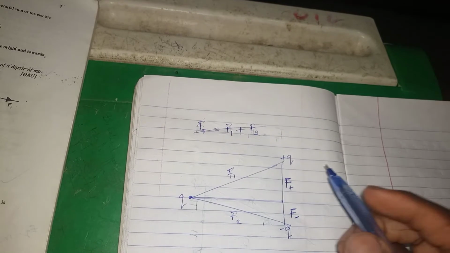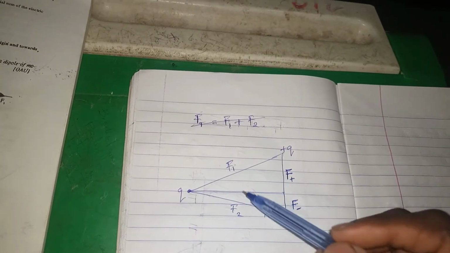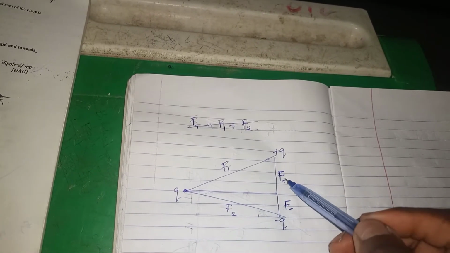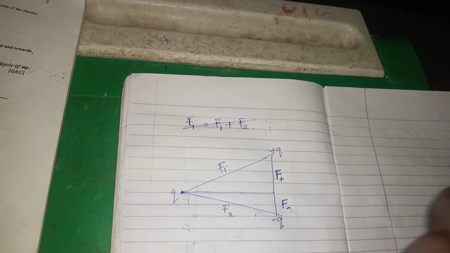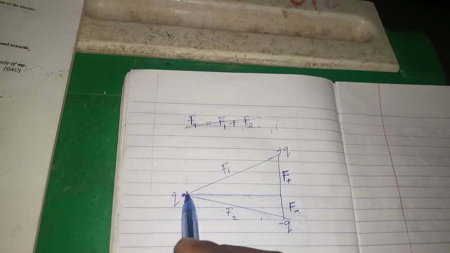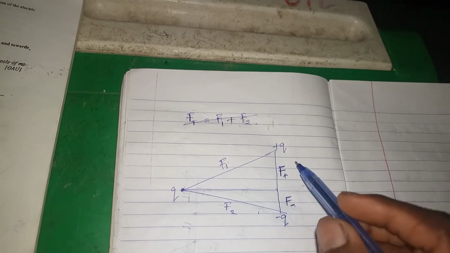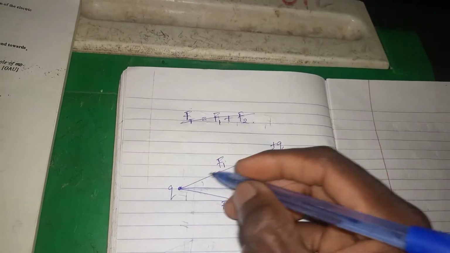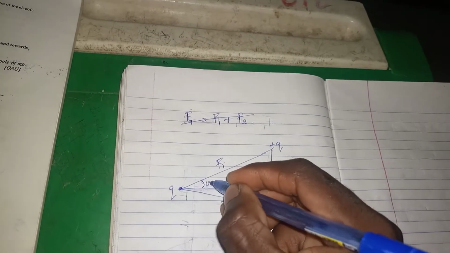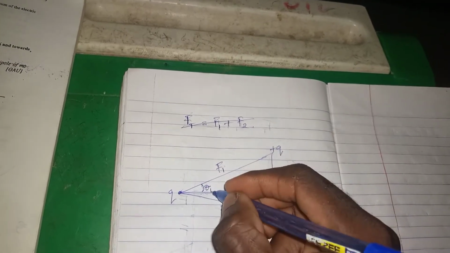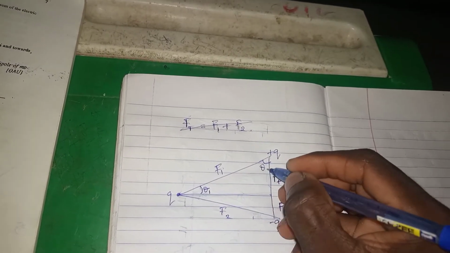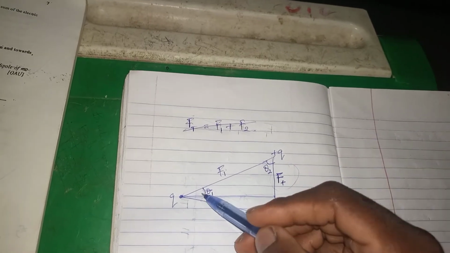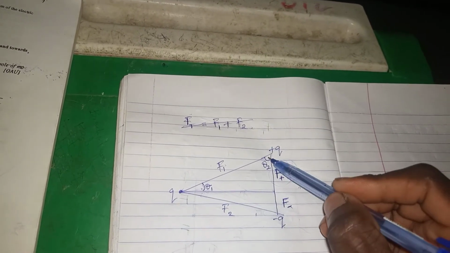Instead of the net force being F1 plus F2, it's going to be F positive plus F negative. Why? Because in this case, it was not just a straight linear relationship. There was an inclination, an angle involved. And if we consider this very angle, we'll still be getting the same answer as when we consider this angle theta 2. It's just that in this case, you are going to use sine. In this case, you are going to use cos.